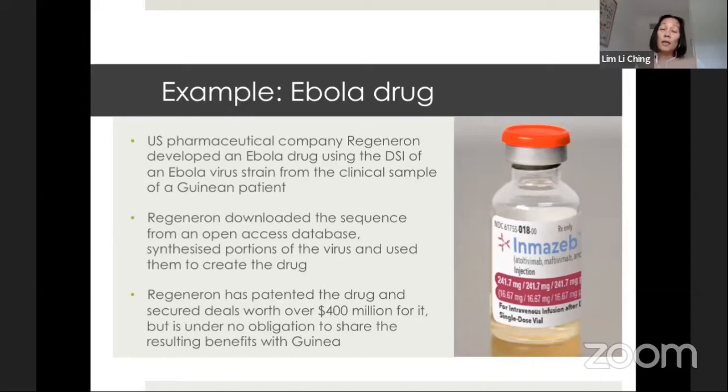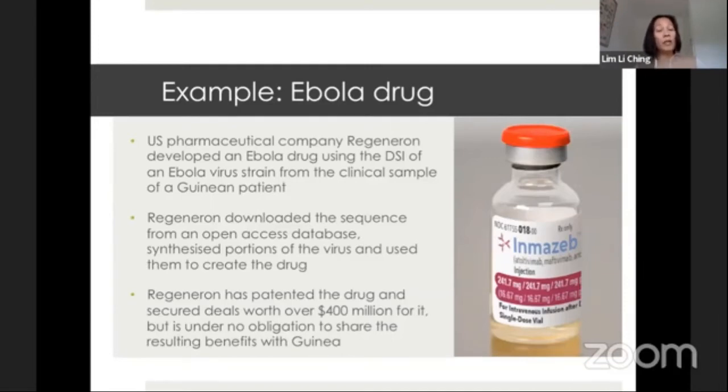Another example is the Ebola drug Inmazeb, which is produced by the US pharmaceutical company Regeneron. Now, it developed this drug using the DSI of an Ebola virus strain from the clinical sample of a Ghanaian patient. Regeneron was able to download the sequence from an open access database because the sequence was posted by a research institute there. It was able to synthesize portions of the virus and use them to create the drug, which is, of course, very useful and very valuable and can save lives.